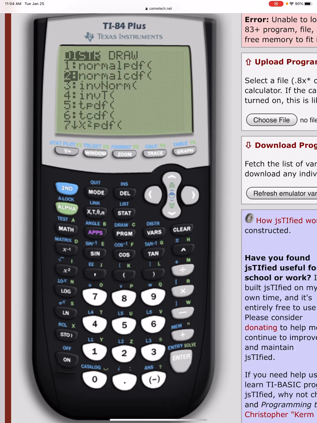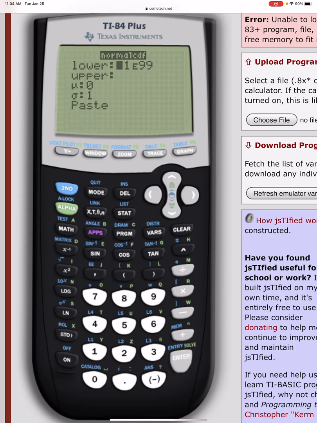So go to the normal CDF, hit enter, and it's going to ask you for 4 things. It asks you for the lower part of your area, the upper part of your area, the mean, and the standard deviation. It was from 80 to 90. That's the part of our area we're looking for, lower and upper. The mean is 85. Standard deviation is 4.